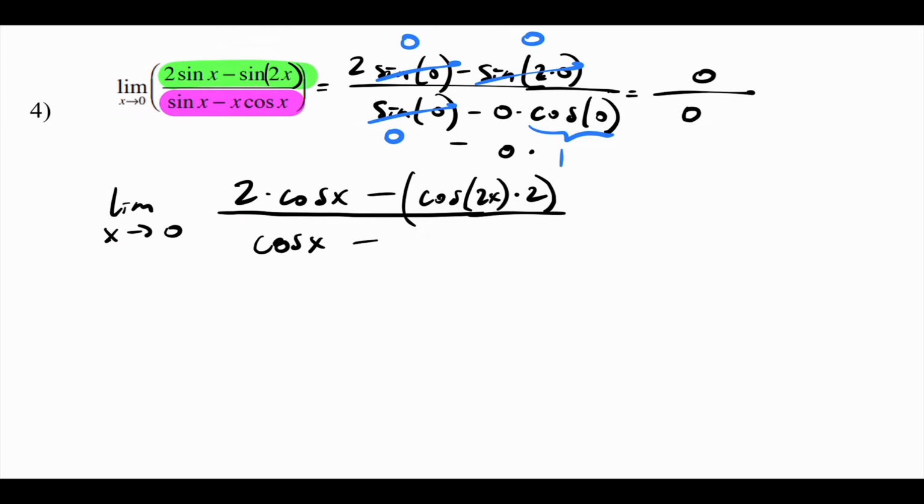So when we take the derivative of 2 functions multiplying each other, we have to use the product rule. You take the first times the derivative of the second, which is going to be negative sine of x, plus the opposite. The derivative of the first is just 1 times cosine. So it's just cosine of x.